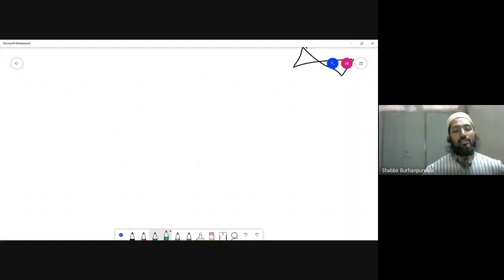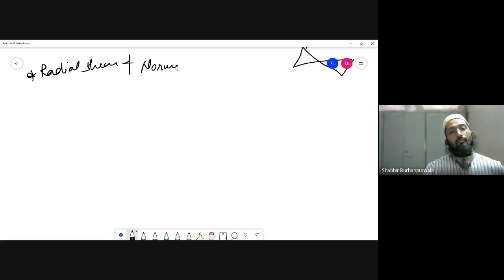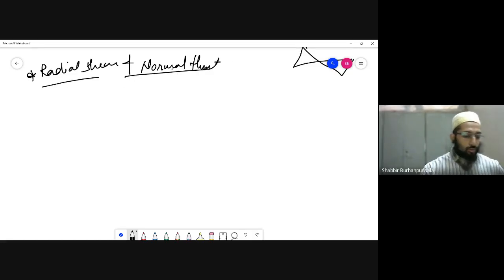ओके, सो रेडियल शियर और नॉर्मल थ्रस्ट के लिए हम लोगों को प्रॉब्लम के अंदर ऑलरेडी मेंशन है कि कहाँ पे हमें डिटरमाइन करना है. ओके, so that location is given.